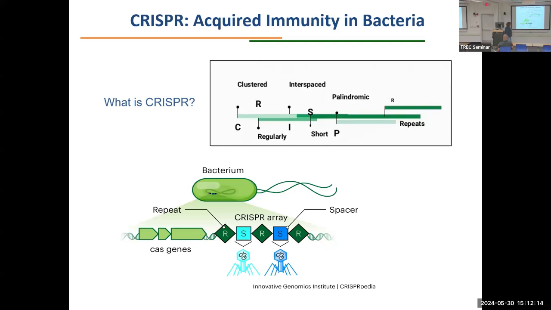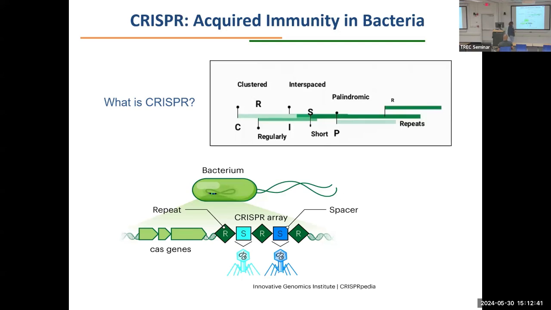We can also visualize this CRISPR array as a vaccination card of the bacteria. With the help of these spacer sequences, we can know how many bacteriophages the bacteria has encountered throughout its life. And these spacer sequences are very important for the bacteria for acquired immunity.